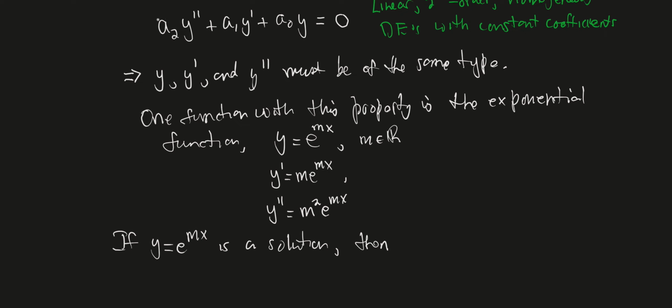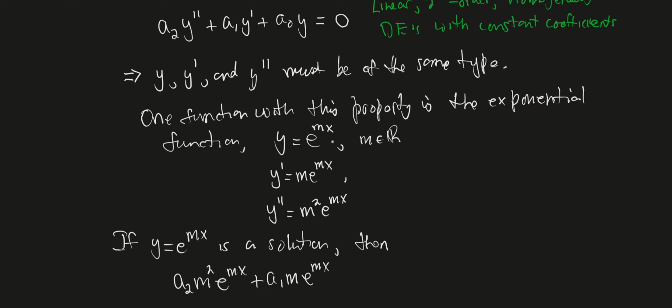I'd have to take this constant, multiply the second derivative. So I will have a2 m squared e to the mx, right? So plugging the second derivative in there, then plug the first derivative in there. So I would have a1 times m e to the mx, and then plug in my original guess.